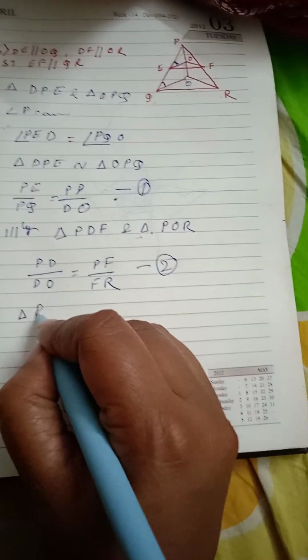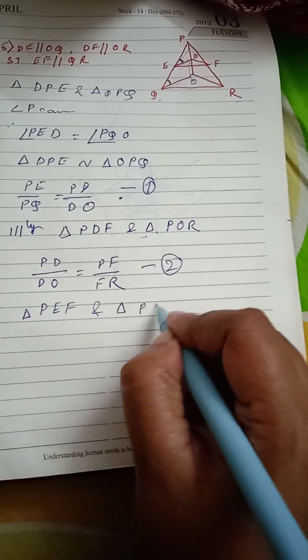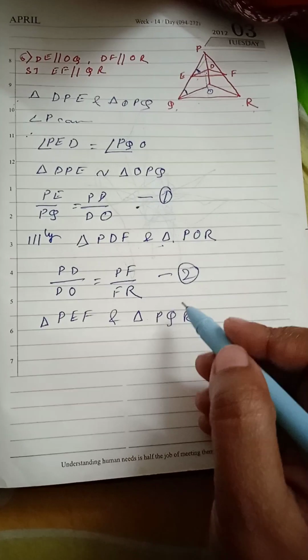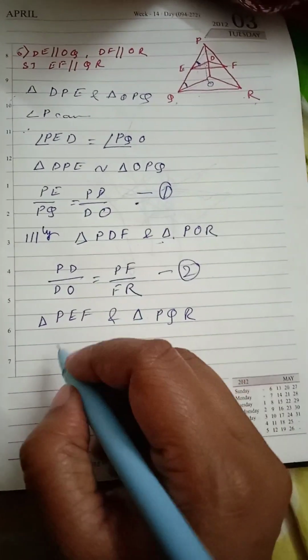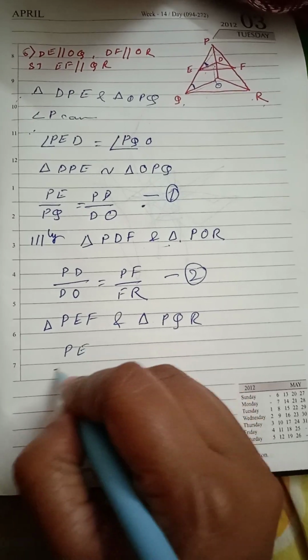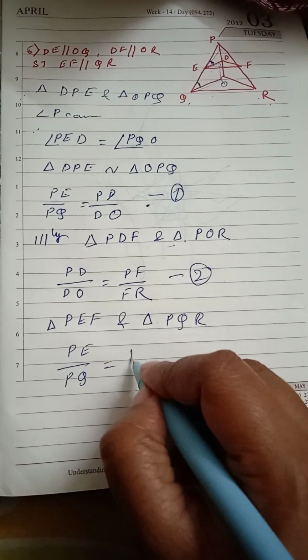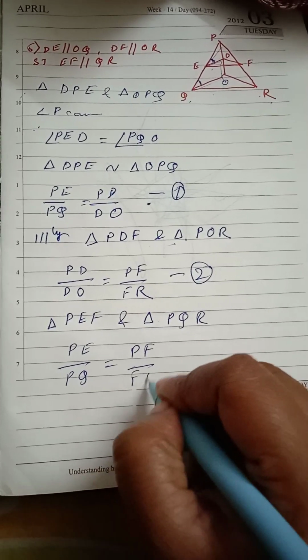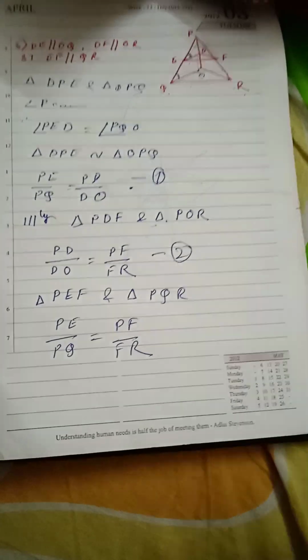So now considering triangle PEF and triangle PQR, what do I get? From 1 and 2, I already get PE by PQ is equal to PF by PR.